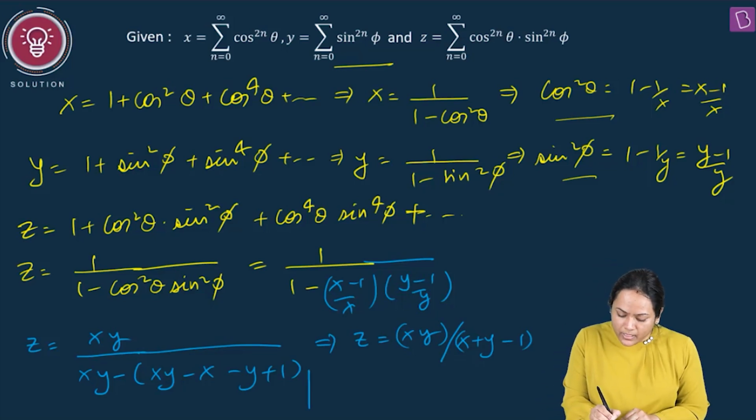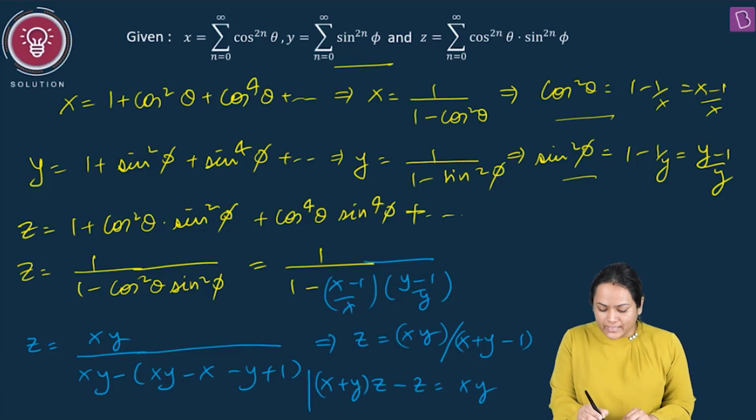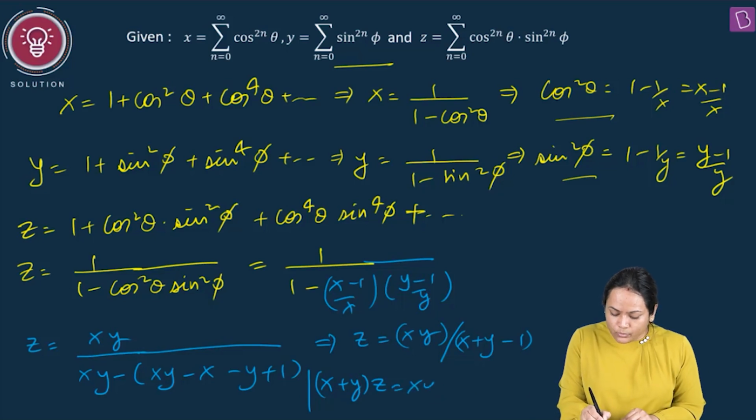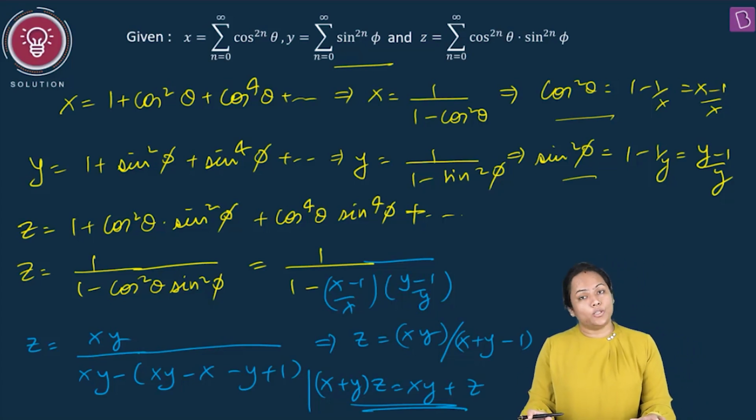It is going to become x plus y multiplied by z minus z is equal to xy. If we take the z onto the right hand side, it's finally going to be x plus y multiplied by z is equal to xy plus z. This is what they have given to us in the option.